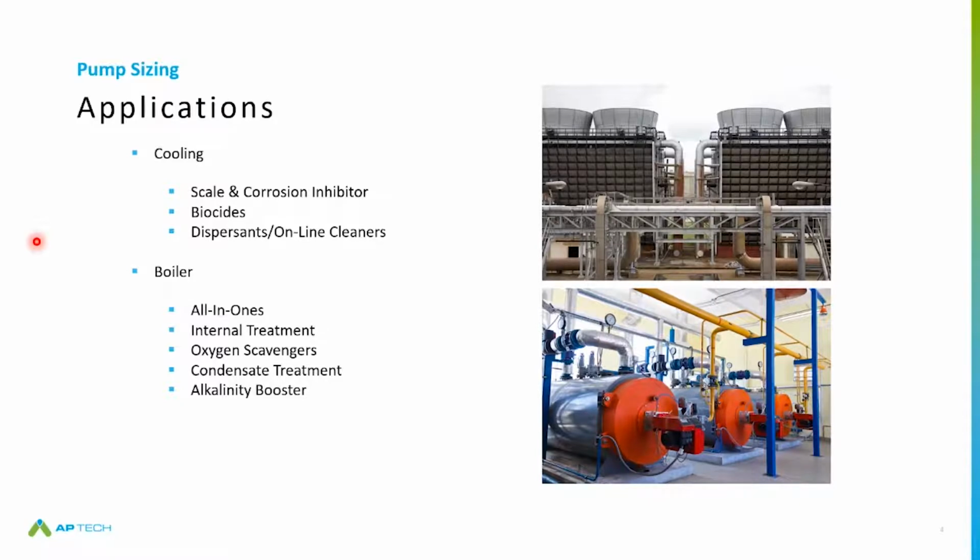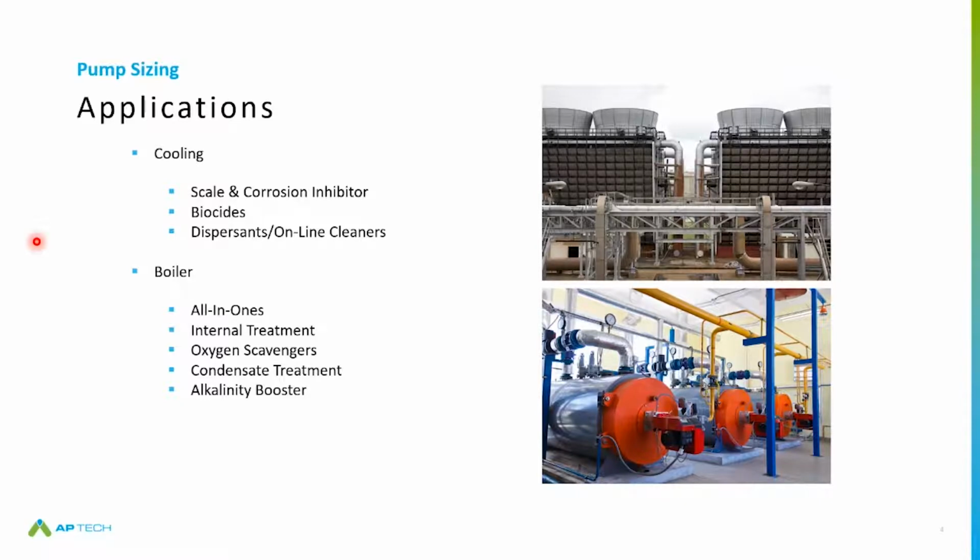Those are products that you need to understand the chemical properties of to ensure that you're choosing the right pump. When it comes to an internal treatment, like a polymer or phosphate product, they're not going to be as abrasive or aggressive on those chemical pumps as, let's just say, the alkalinity booster or condensate treatment would be, which is your amines.